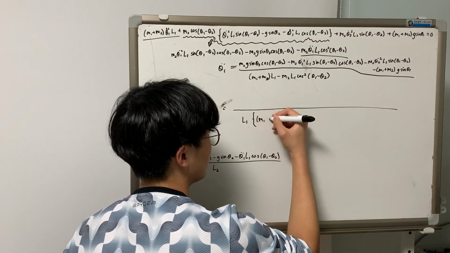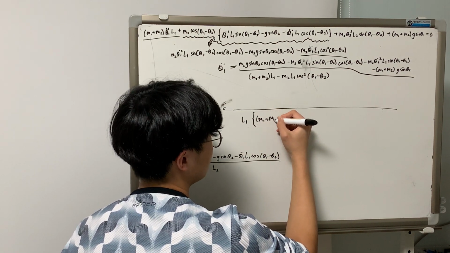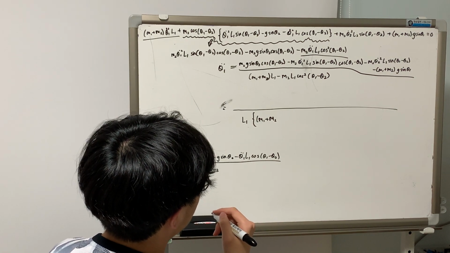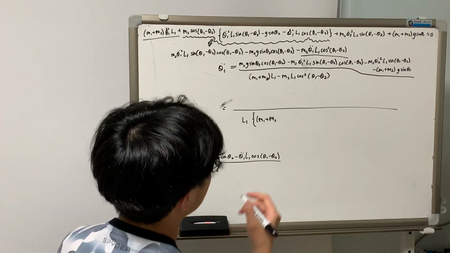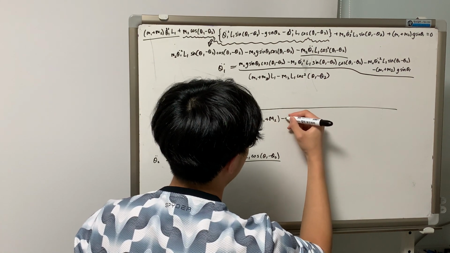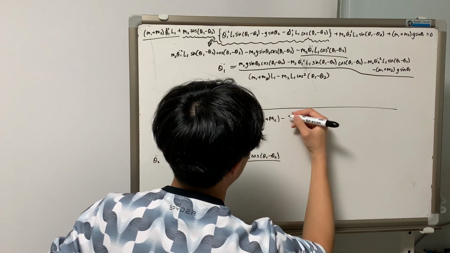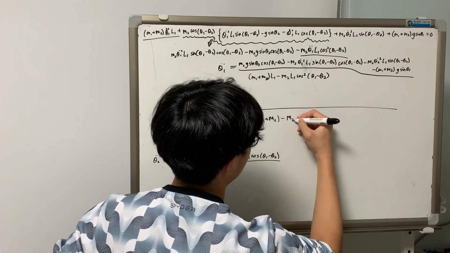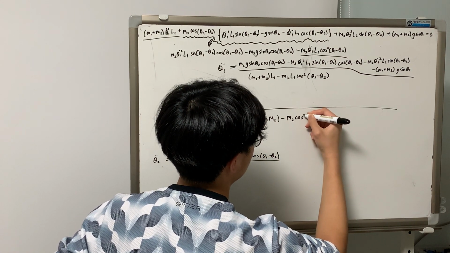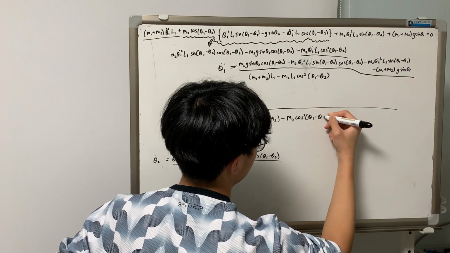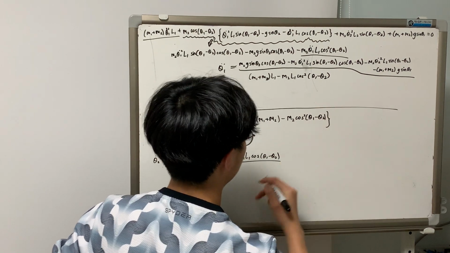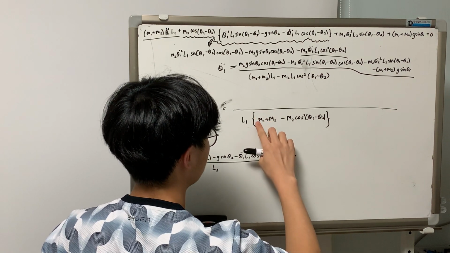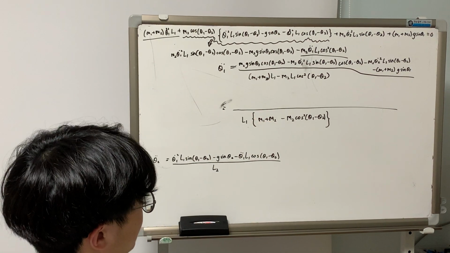So we have M1 plus M2 minus M2 cosine squared of theta 1 minus theta 2, and we could get rid of the bracket here.